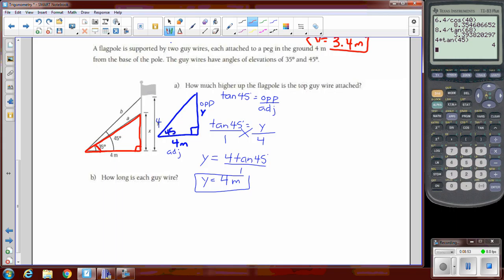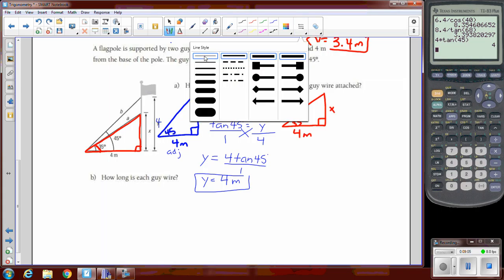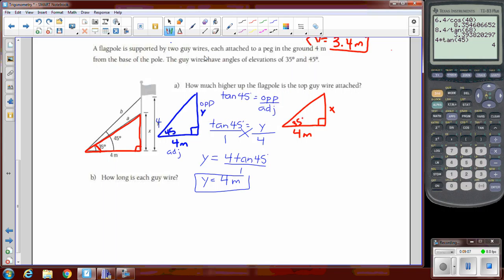So I'll recreate this diagram over here to get it out of the mess of what we see. So we got this. Here's 35 degrees. Here's 4 meters. And it's asking us to find x. So if we look, this is opposite the 35 degrees. This is adjacent. This is another tangent question.